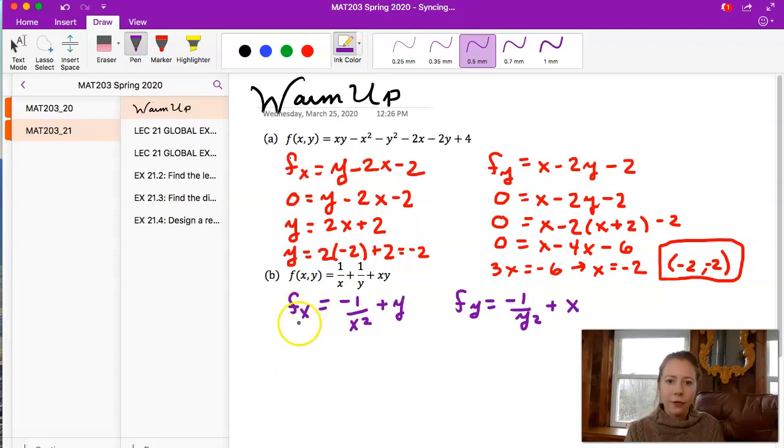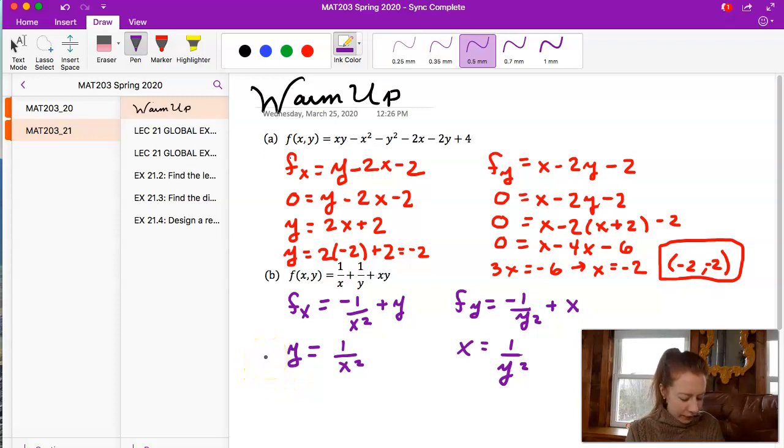If we set the first order partial with respect to x to 0, we get y is equal to 1 over x squared. And over here we get x is equal to 1 over y squared. What do you notice? When is the only time you can have this work out?